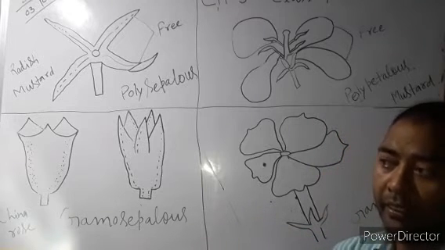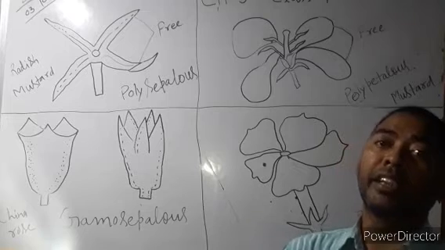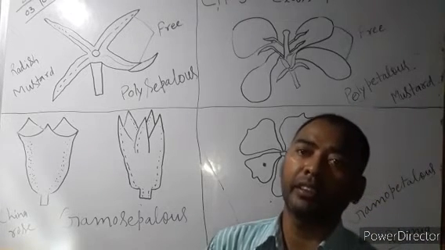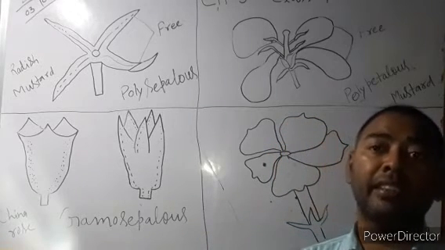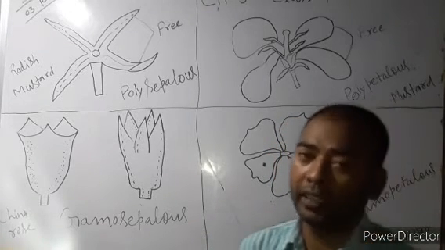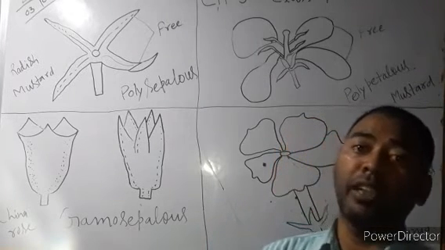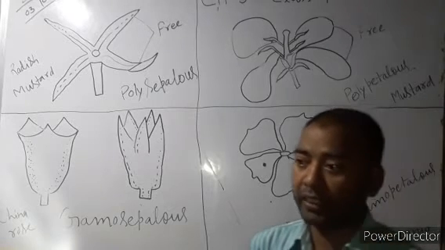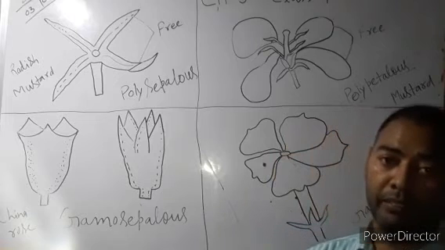Apart from that, there are some plants which have a colored calyx instead of green, and that condition is known as petaloid sepals. This type of condition is found in the gulmohar plant.